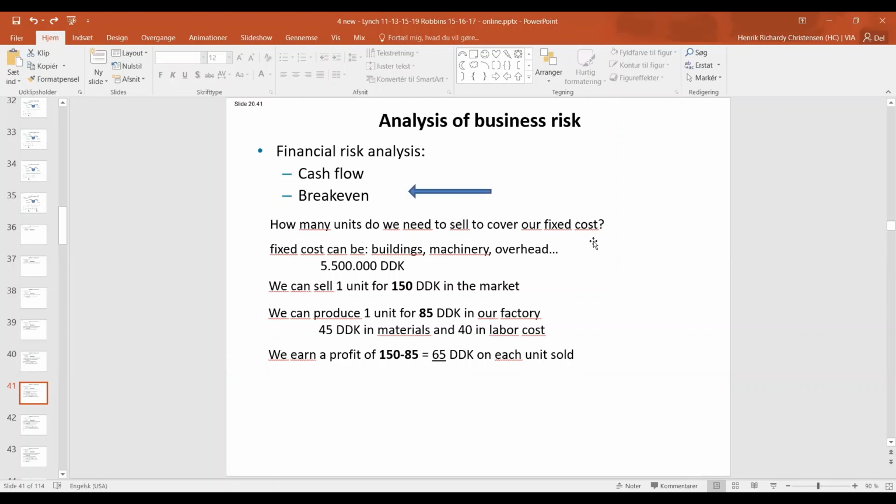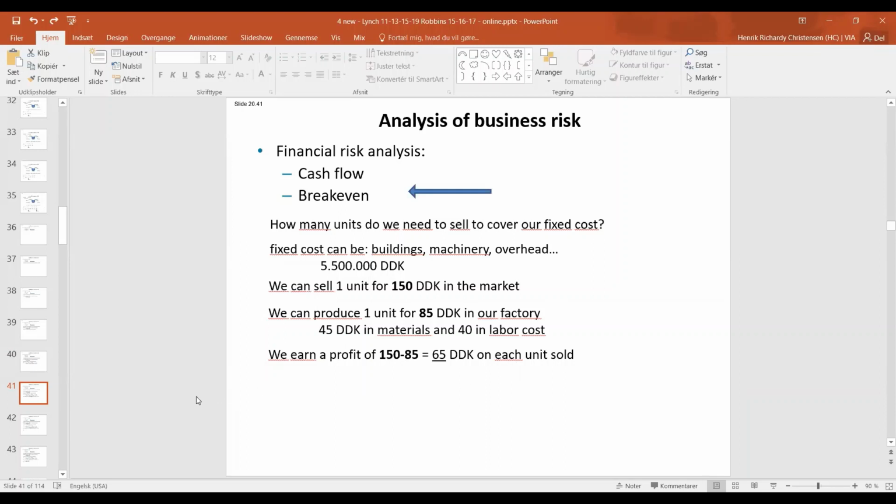What was the initial question? How many units do we need to sell to cover our fixed cost? Well, we have calculated and we know that we have fixed cost of 5.5 million. And now we have found out that we earn 65 Danish on each unit.